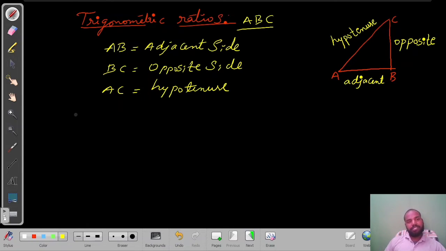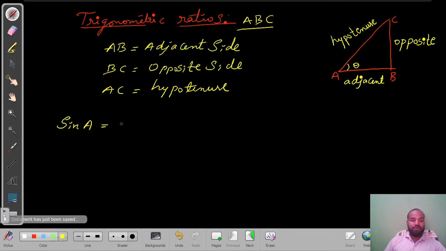So remember here, basically you have to remember the first three, then we will get the other three easily. So first I am going to explain three. The first one is sine theta or sine A. This is the angle A. Now sine A equals what? This is our first question. Our trigonometric formulas are starting from here itself.